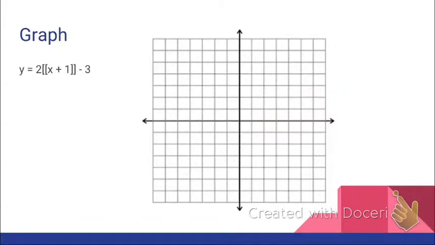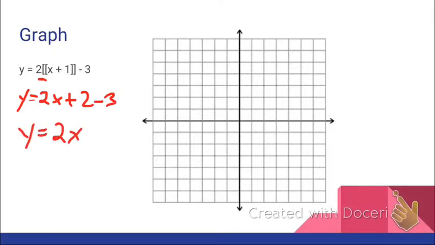So y is equal to 2 times the greatest integer function of x plus 1, minus 3. If I were to just ignore these little brackets and think of them as parentheses, I would get this function in slope-intercept form. y equals 2x minus 1.